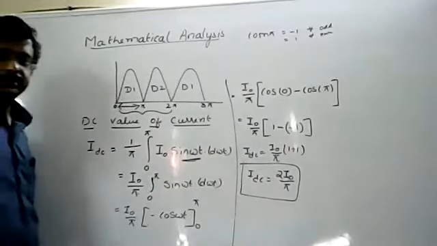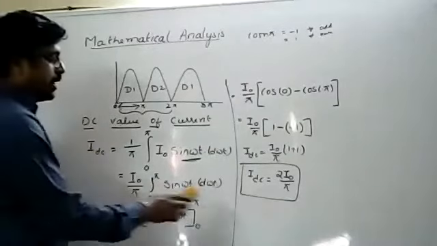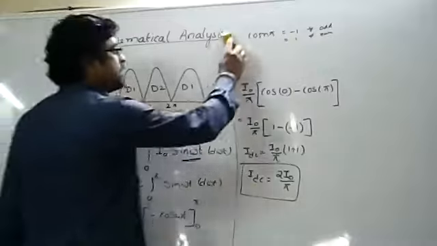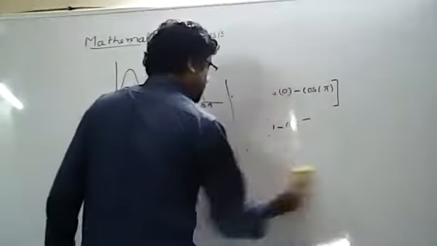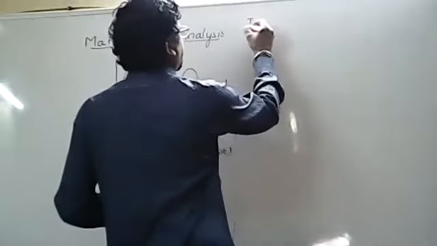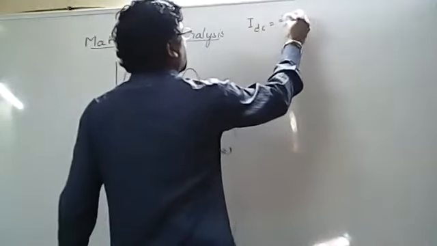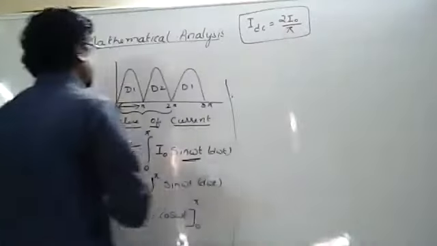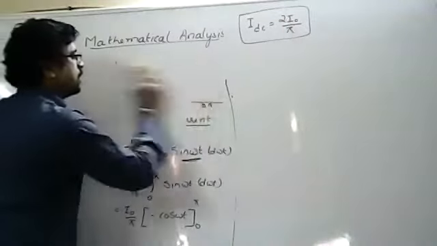Only remember this value: IDC is equal to 2 I naught by pi. Somewhere I will write IDC is equal to 2 I naught by pi, because again I have to recall that formula.